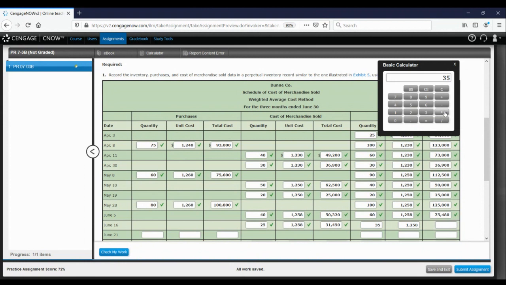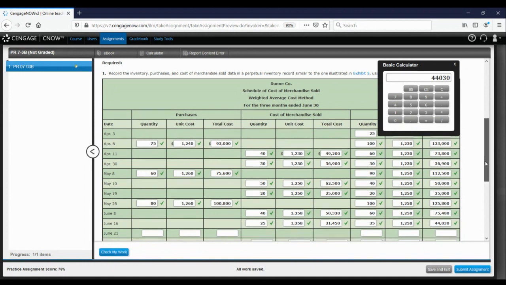So we're going to multiply 35 units times $12.58, and that will give us the ending inventory, 44,030. So we would have a debit to cost of merchandise sold for $31,450 and a credit to our merchandise inventory.